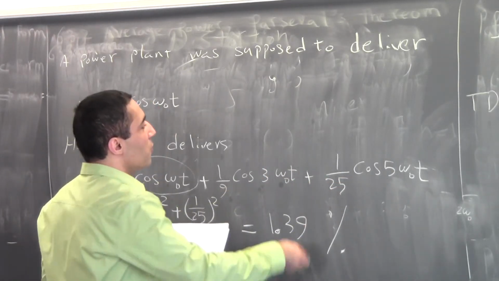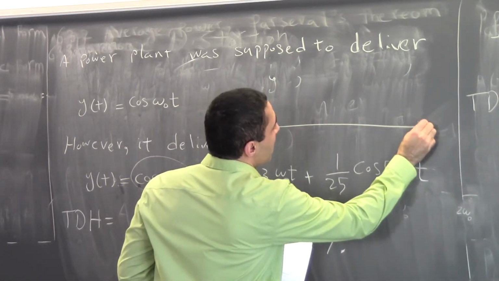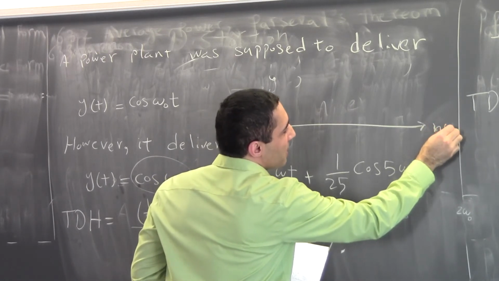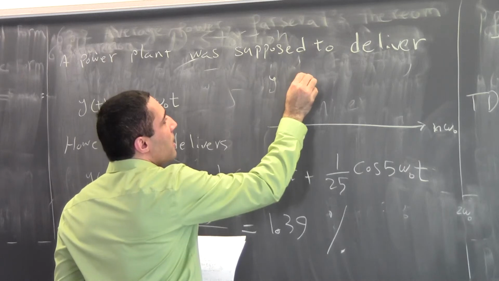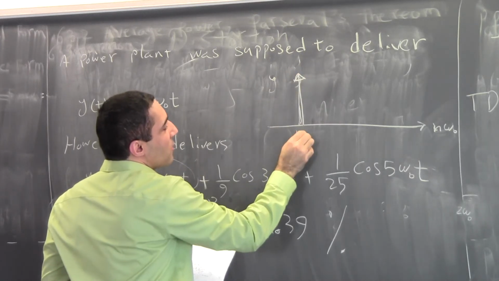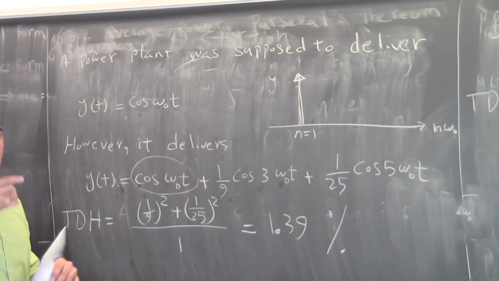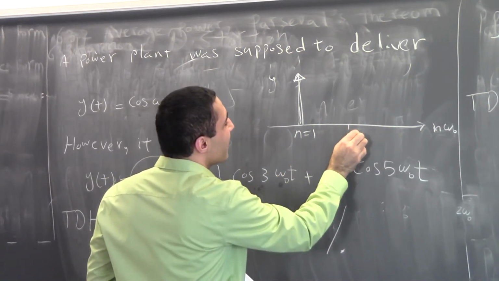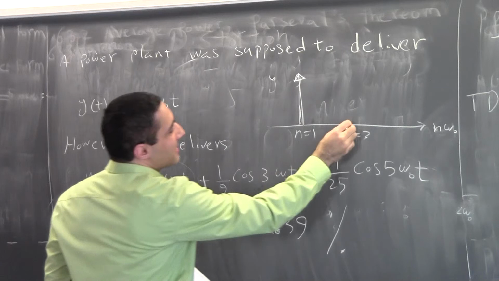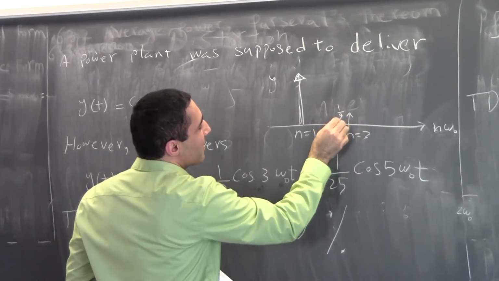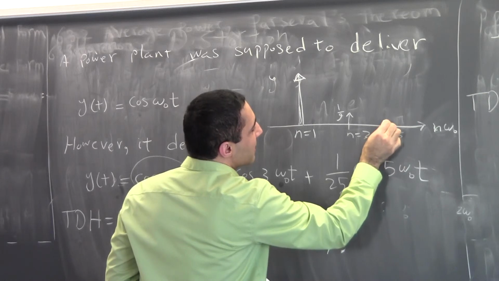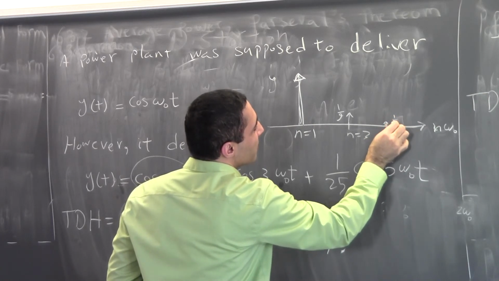If I draw this for you, you will see what happened. If this is the Fourier domain, I call it n omega 0. At n equals 1, I see a strong signal, okay? And then at n equals 3, unfortunately, I see another signal, 1/9. And then at n equals 5, I see a smaller signal, 1/25.